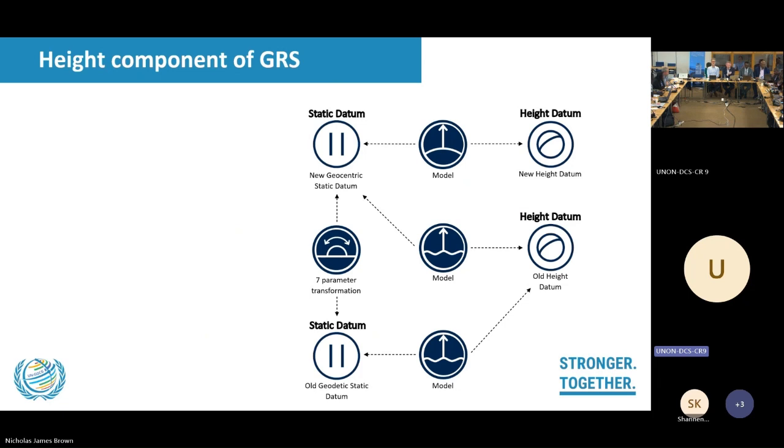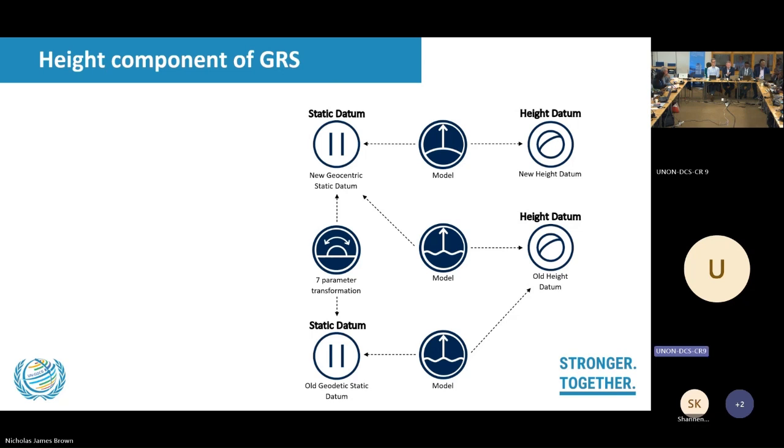So we've got to make sure that we have a height datum that's based on physical geodesy, based on gravity observations. That's very necessary in a country. We can't just rely on having a geometric datum like an ITRF-based datum, because that's geometric. It doesn't actually conform to how gravity is going to move water around.